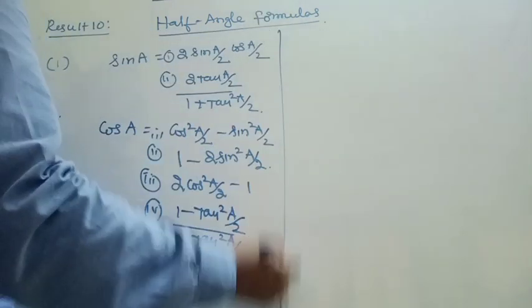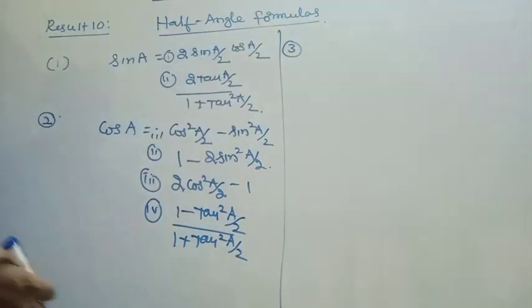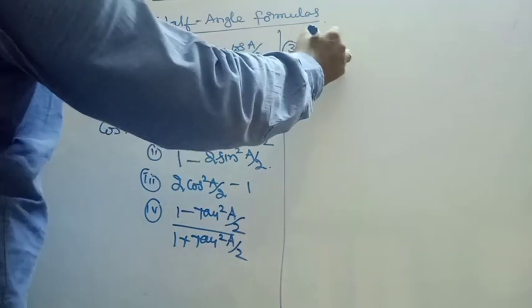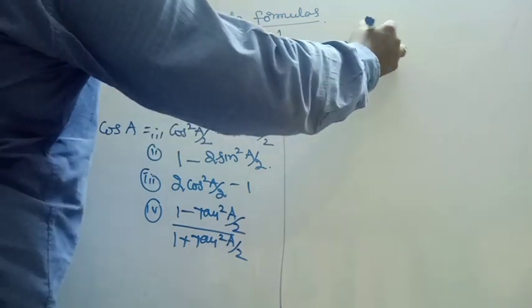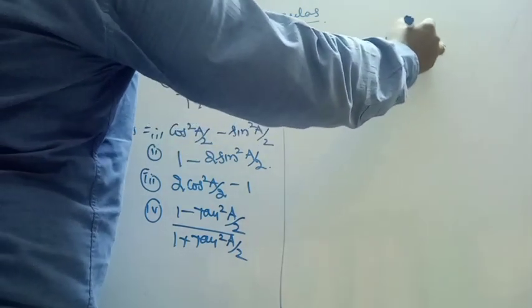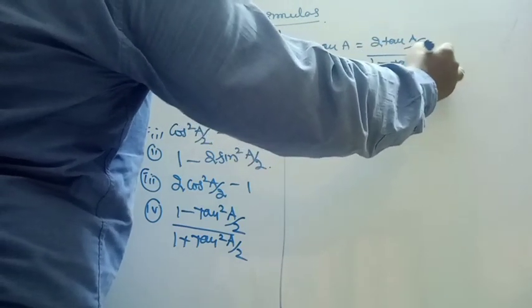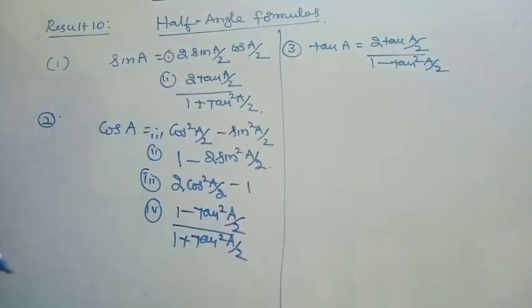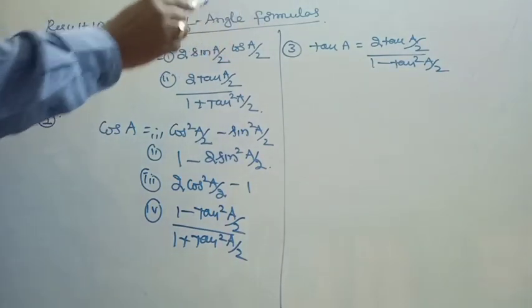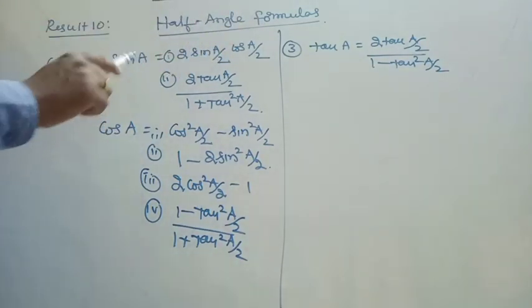Number 3, my dear students, the half angle formula we have is tan A equals 2 tan A by 2 by 1 minus tan square A by 2. See here, wherever 2A is there you take A, wherever A is there you take A by 2.